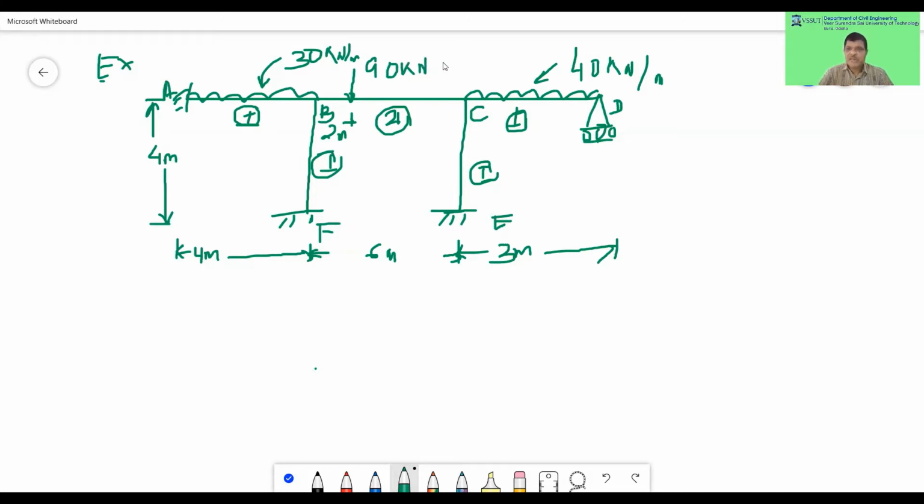Now you have to analyze the problem by the moment distribution method. Now the first question: whether it will sway or will not sway. Now, as we have discussed earlier also, in this problem it will not sway because one of these supports is given as a fixed support in the horizontal direction.